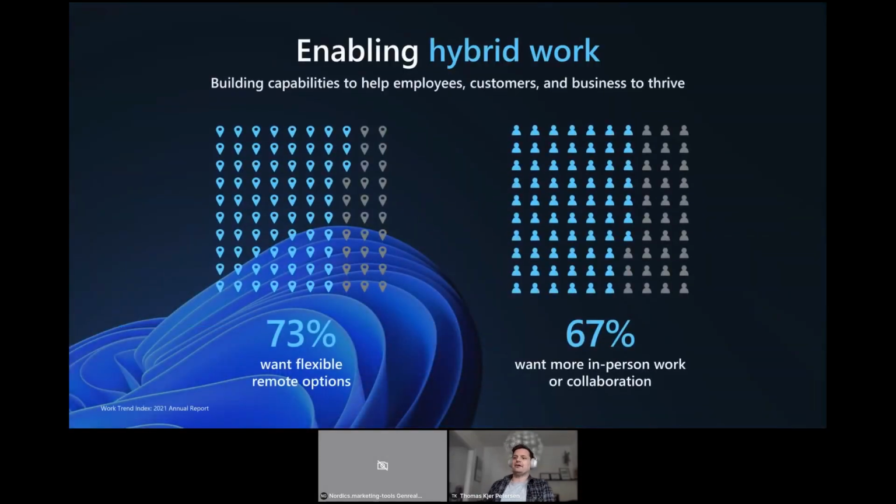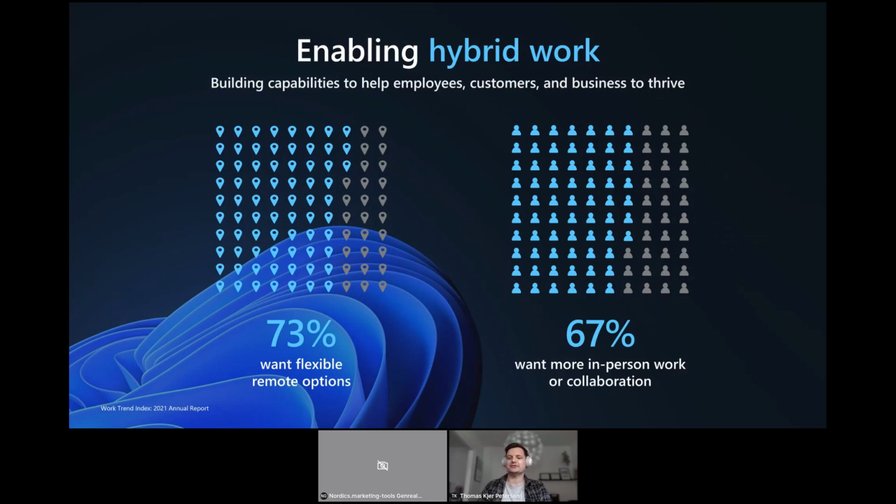As we reflect back on the last period of time and why Windows 11 came about, we definitely see that a lot has changed in the way we live and work. It's a new hybrid world, and from what we see, it's here to stay. We did a survey in 2021 where we found that 73% of people want flexible work options.